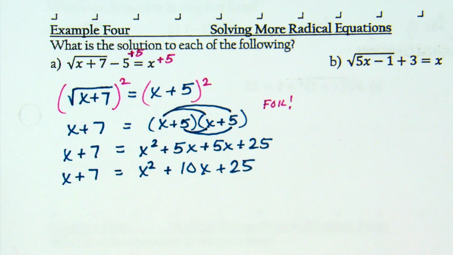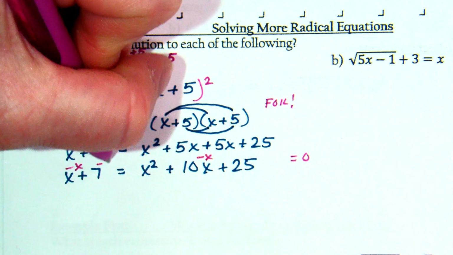Subtract the x and 7 over. Remember, I like to keep my x squared positive as often as I can. So I'm going to subtract x, which means I'm also subtracting x from 10x. I'm going to subtract 7, which means I'm subtracting 7 from 25. x minus x, 7 minus 7, all gives me 0.